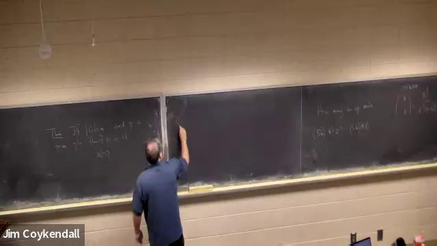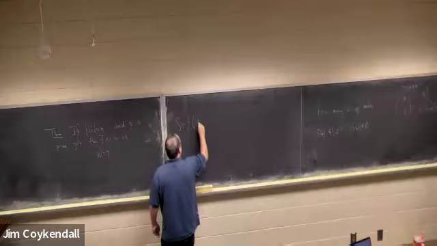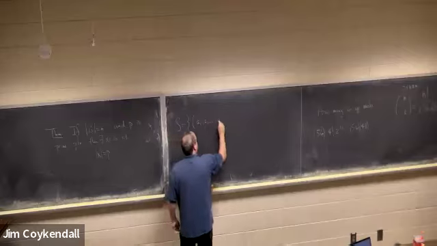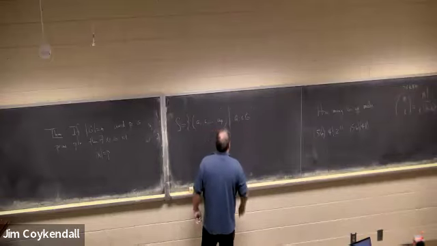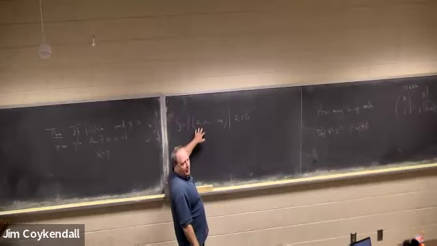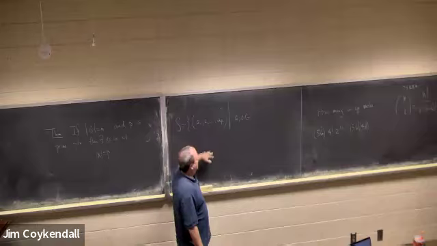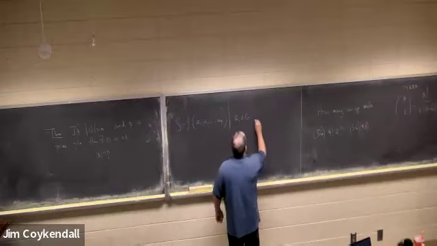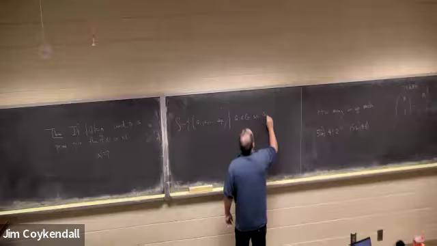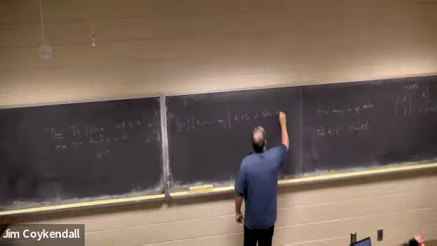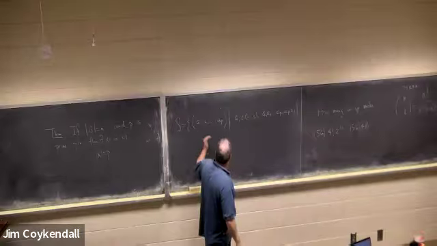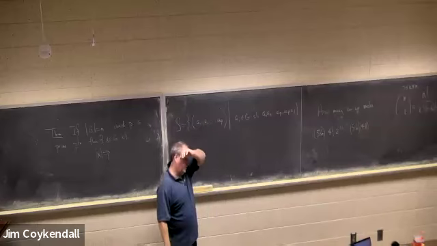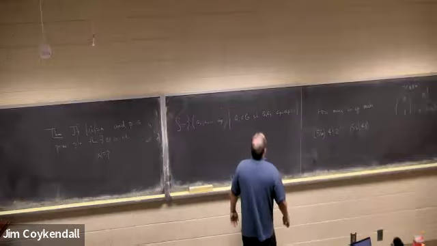You consider the set of all possible p-tuples of things in G with the following stipulation: the product, if you multiply all the coordinates, has to be the identity of G.